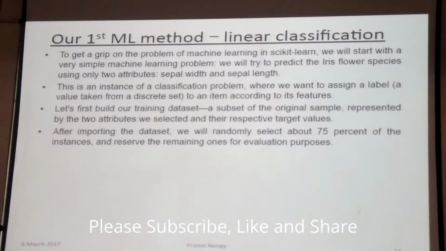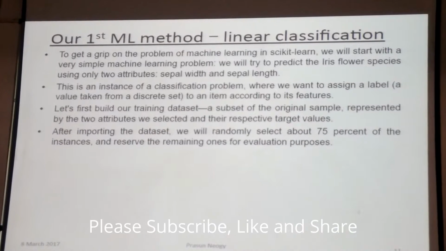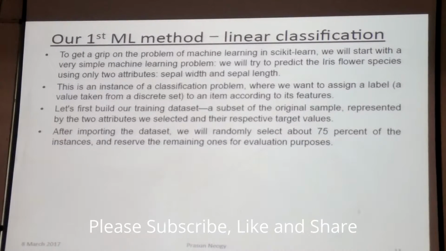Any data set is broken down normally into either a 75-25 or sometimes maybe 80-20 ratio. This part is used to train the data. This is the training data. This part is used for testing, or testing data.